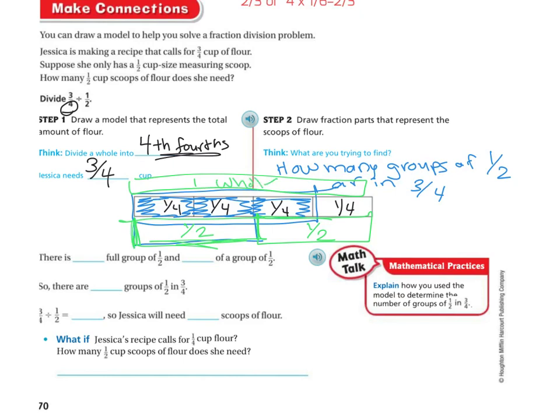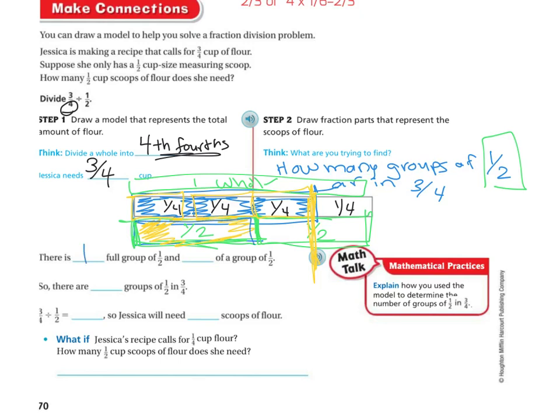So if I have my half and I have my other half, I only want to know how much is in 1/2. So I'm looking strictly at this. I'm going to color it. We're looking at this half, and I have 1/4, 2/4, and 3/4. And I want to know how many halves are in those. So it comes right there. There is one full group of a half.